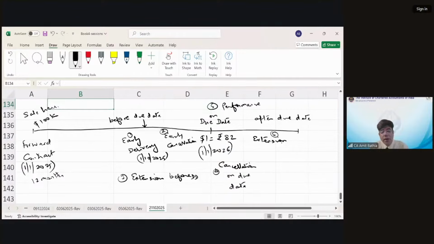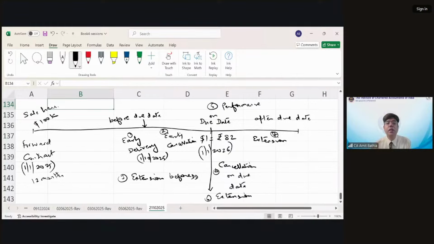So this is another way in which my original contract will be terminated by way of extension. So the old contract will be closed, and a new contract will come into being with a new maturity date or the new due date, right? So this will be your seventh situation. In fact, the sixth situation will also be over here on due date, which is I ask for extension on due date.